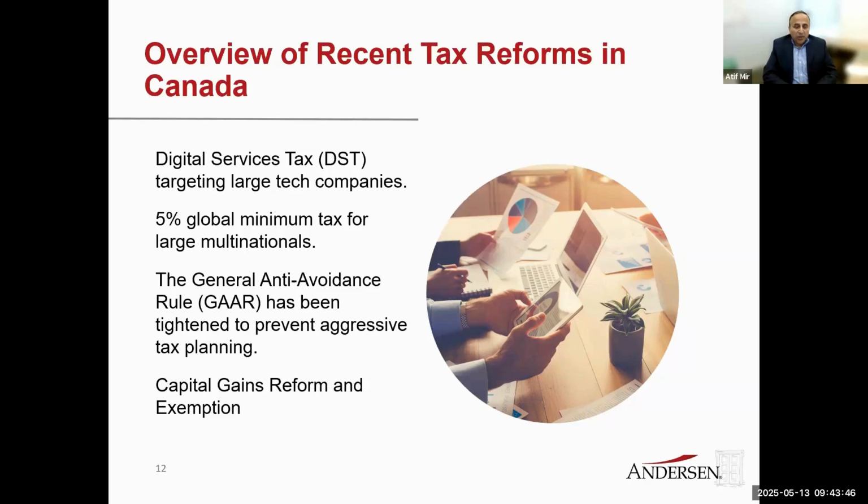The general anti-avoidance rule has been tightened to prevent aggressive tax planning. You must be familiar with the general anti-avoidance rule, acronym GAR. Essentially, it was introduced in Canada decades ago, where those entities that were using the Canadian legislation, tax laws, to come up with plans to save taxes.